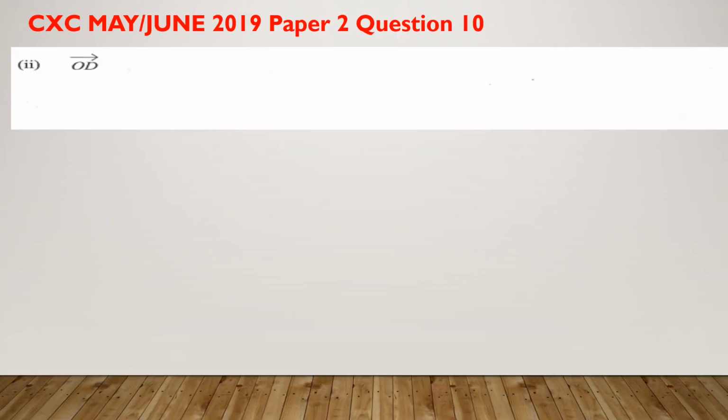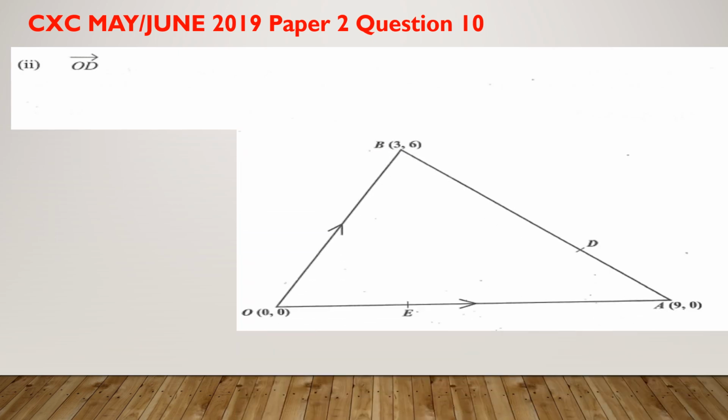Part 2, find OD, vector OD. So here we are looking for OD. Okay, so you want to draw a line from O to D. So OD is equal to, we can go OA.